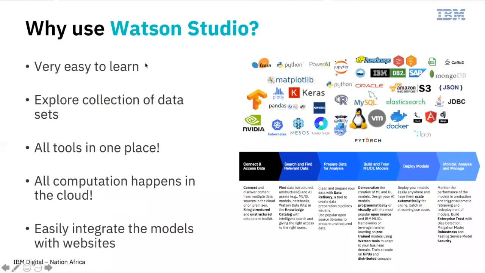We have tons of materials and templates for you to use and learn from. It has a large collection of data sets for you to use, which solves one of the main problems of data scientists, which is to find the right data to use. It has all the tools in one place. The image on the right shows all the different tools the data scientists use and juggle around.